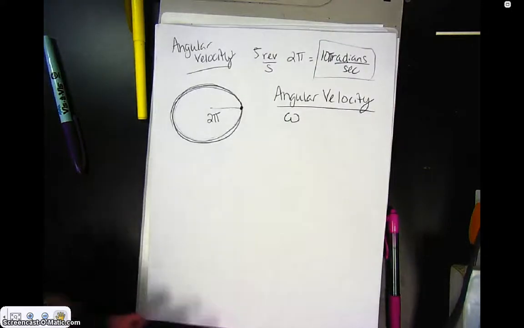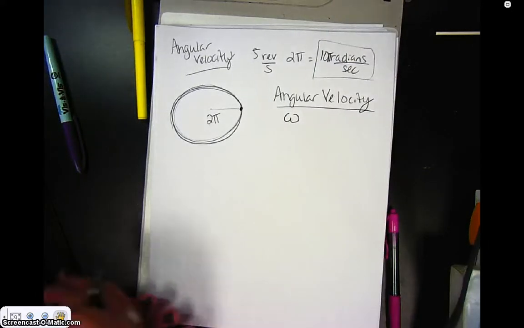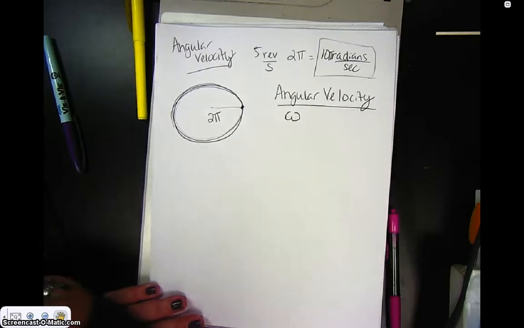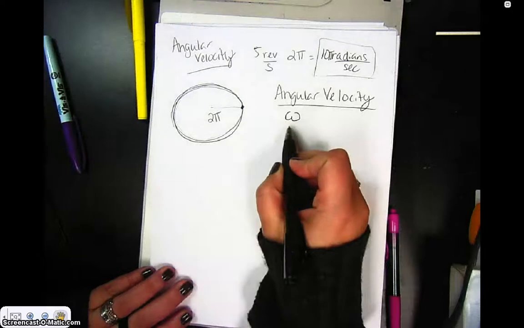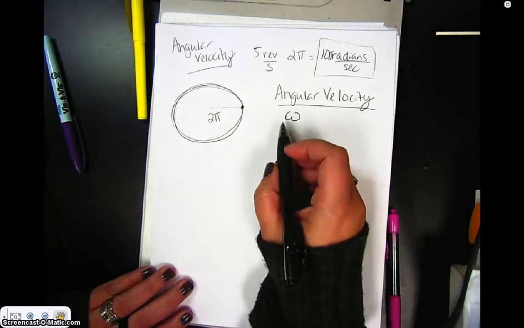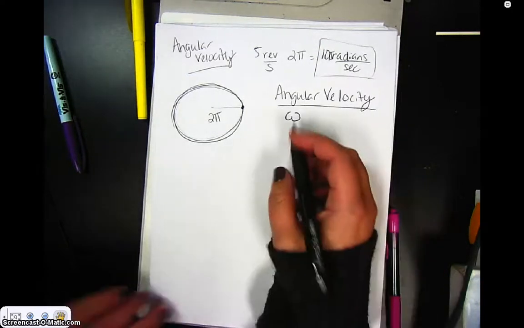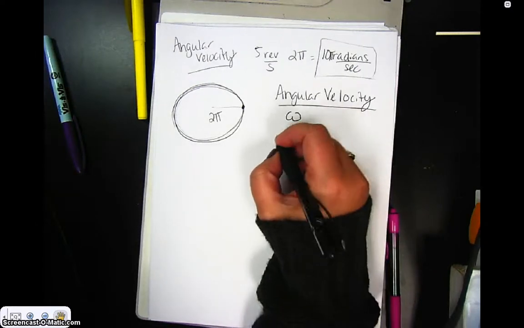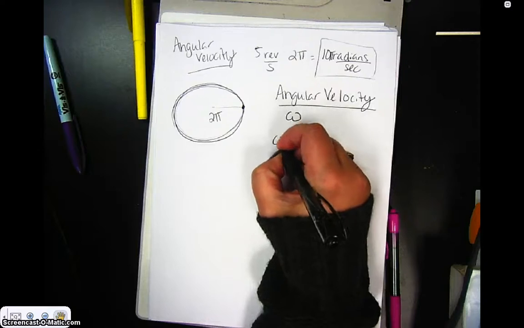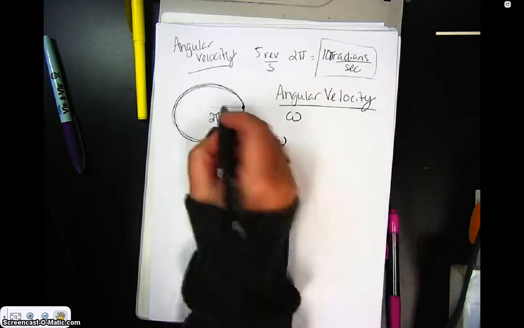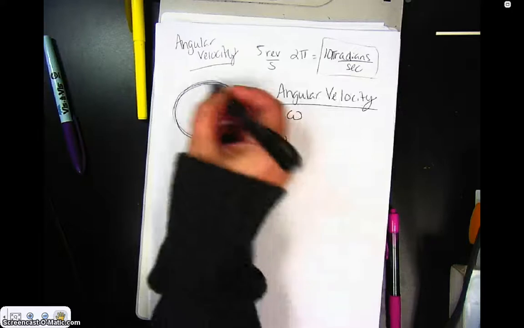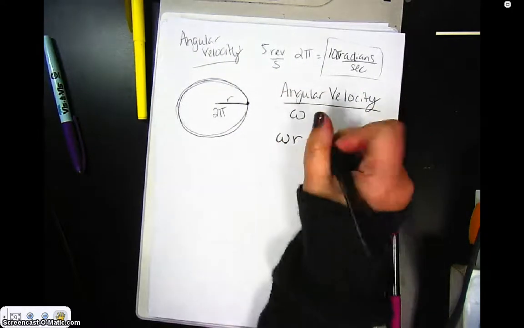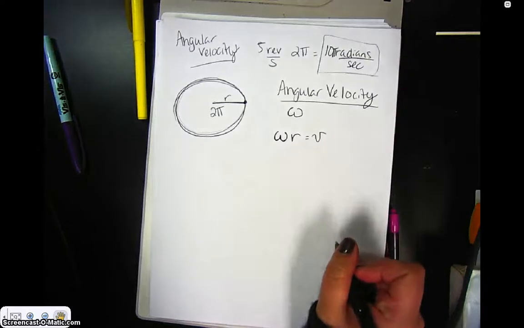All right. The other equation I kind of want you to know before we move in and look at the example of conservation of momentum, angular momentum in this case, is how does this actually relate to the actual instantaneous velocity? And the equation for that is that if I were to take the angular velocity and multiply it by the radius, that would actually give me how fast I am moving around the circle, or my instantaneous velocity.